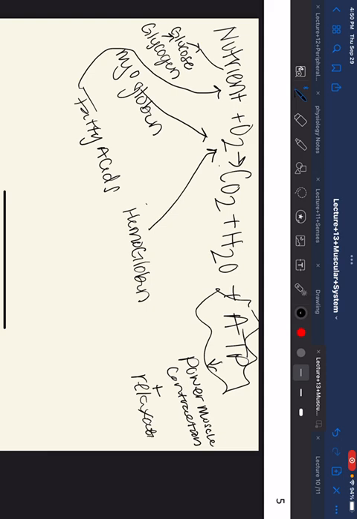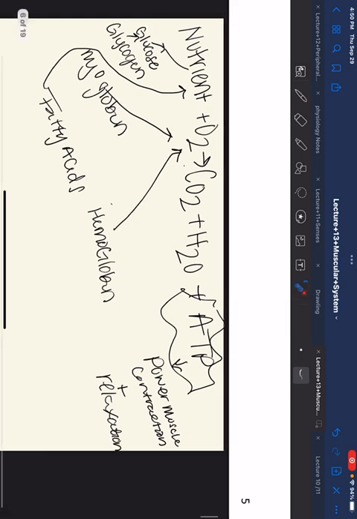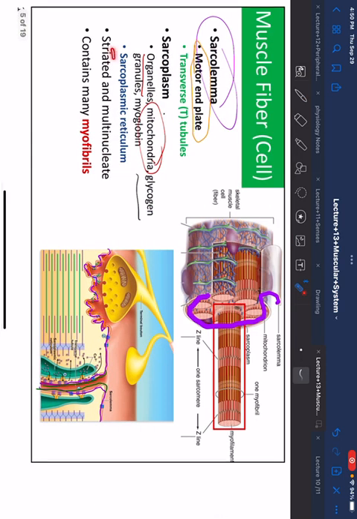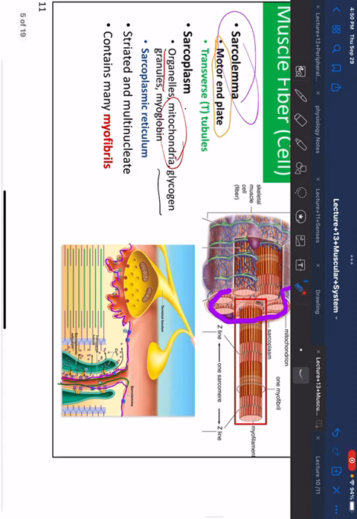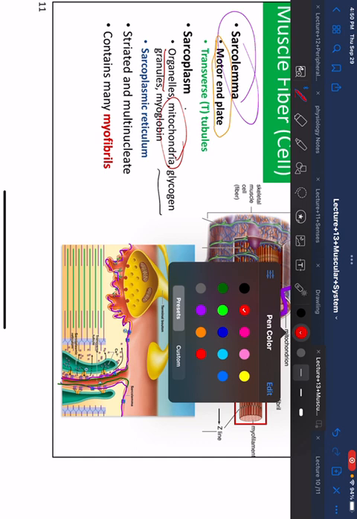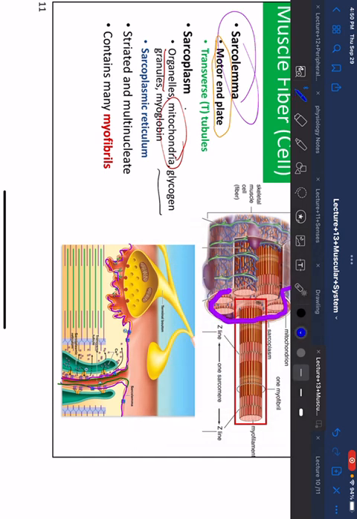Another organelle of the muscle is the sarcoplasmic reticulum, meaning smooth endoplasmic reticulum. That's what the sarcoplasmic reticulum is. It's the smooth endoplasmic reticulum of the muscle.